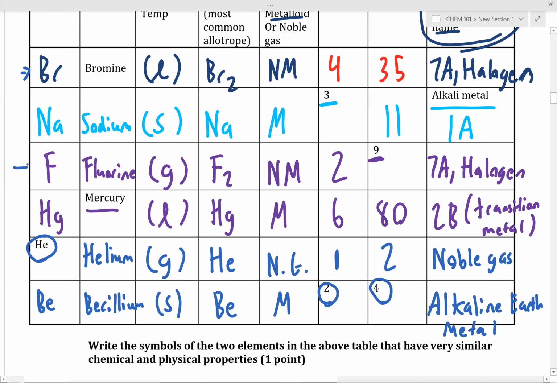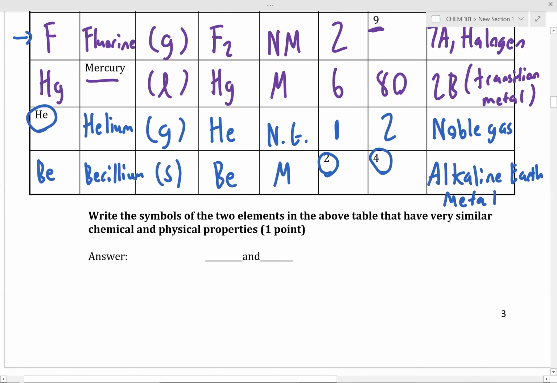Are these both noble gases? Sorry. Are these both halogens? Yes. Sorry about that, that's a slip. One of the previous exams, I had 2 noble gases. So these are both halogens. They're in the same group, and as a result, we'd expect fluorine and bromine to have similar chemical and physical properties. Okay, let's keep going.